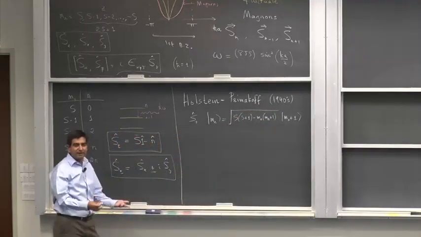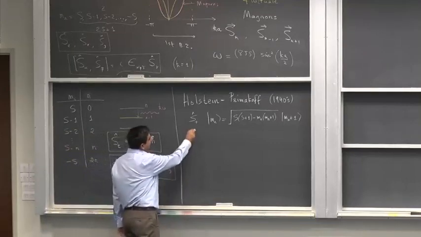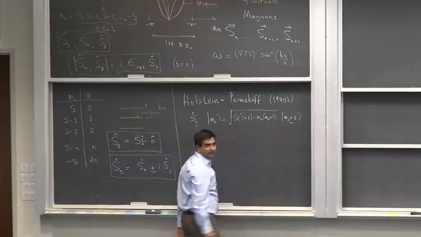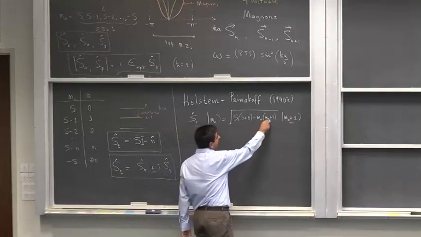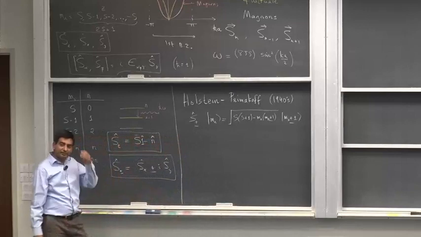This is the action of the ladder operator. This is what you learn in basic quantum mechanics. And if I have a minus sign here, then this decrements the value of ms, and this plus is replaced by minus.